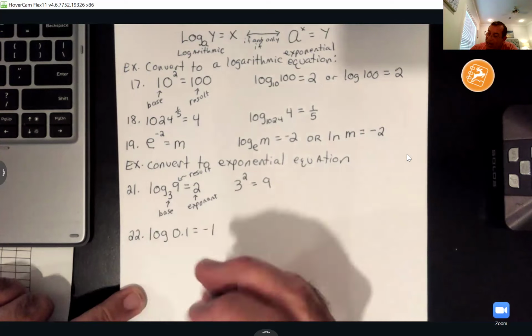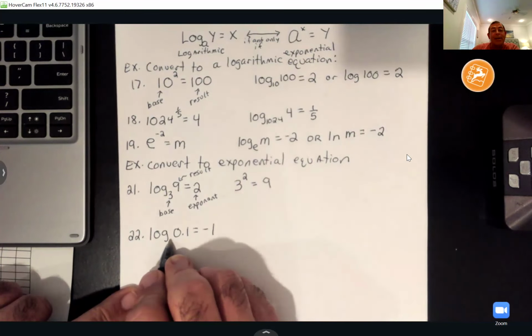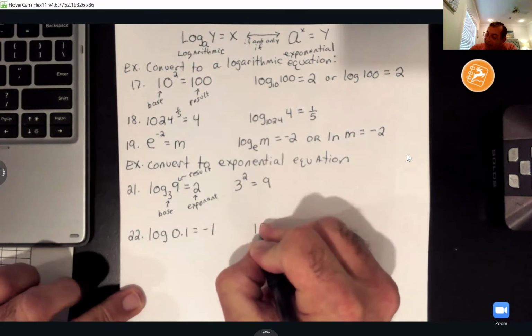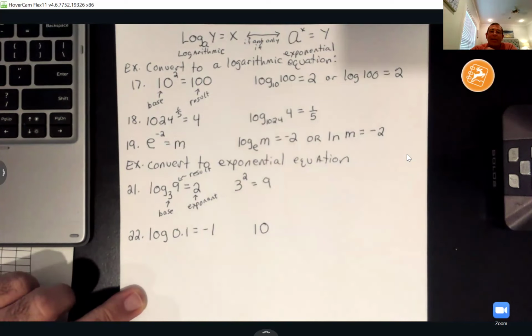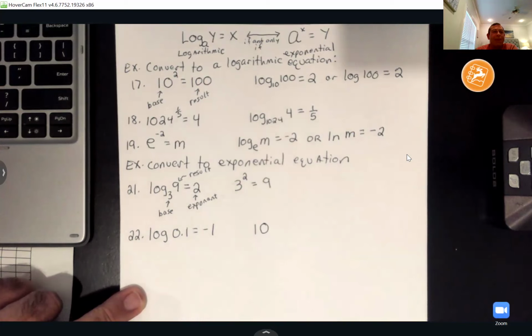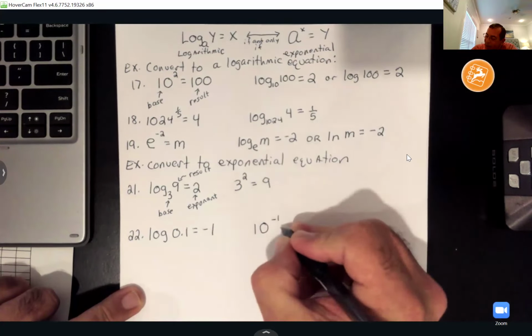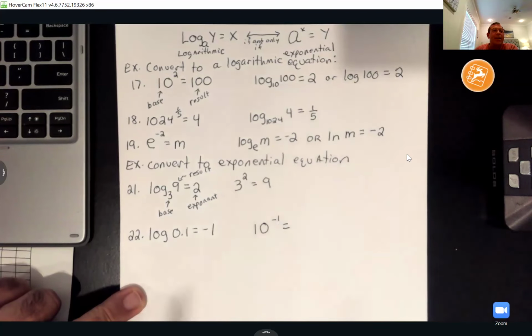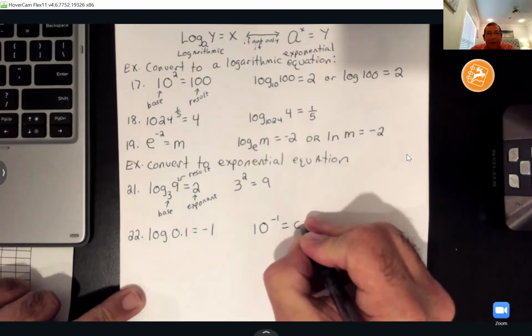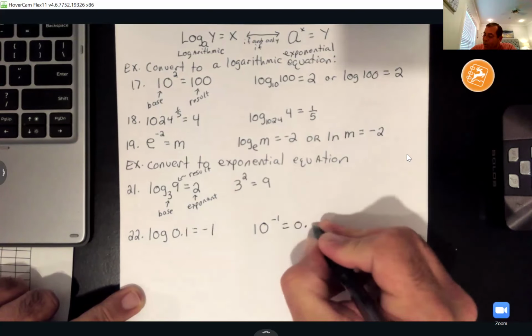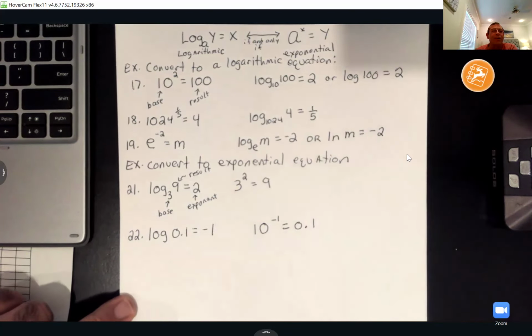Okay, I want the 10. There you go. Since there ain't a base here, remember, it is definitely a 10. All right, now I need my exponent. So that's going to be the -1. Good job. And 10 to the -1 equals a result of 0.1. Good job.